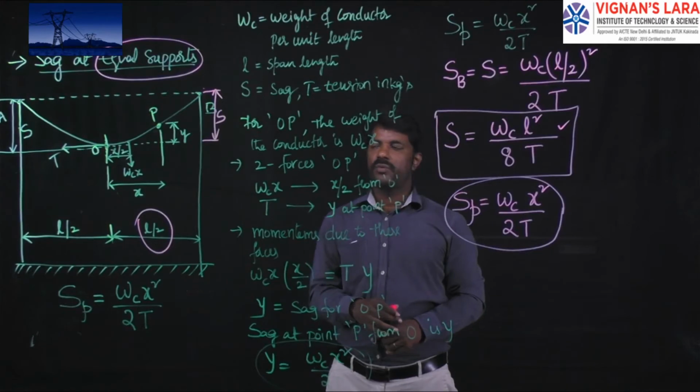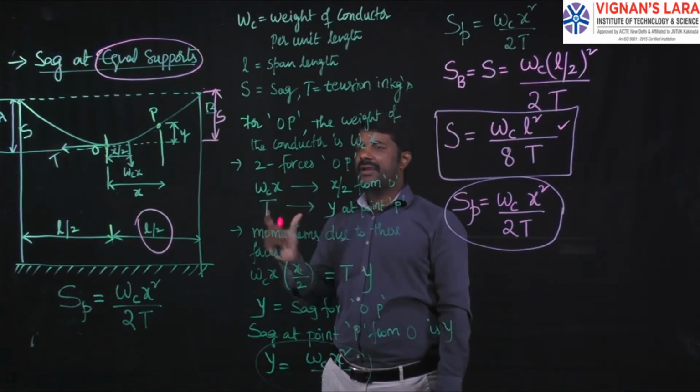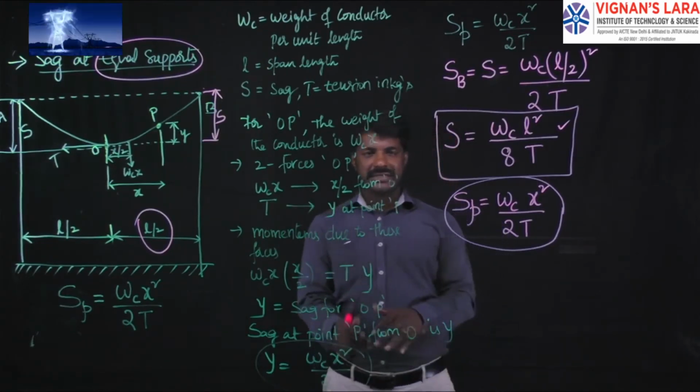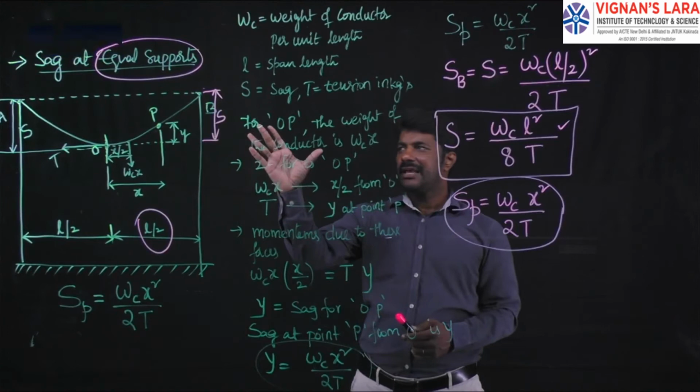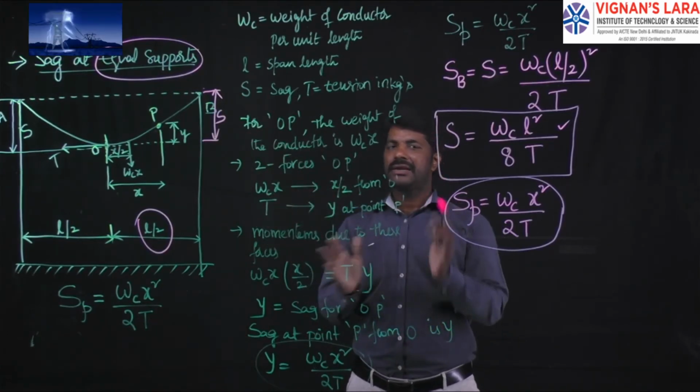So up to now we completed the portion of calculation of the sag whenever the supports are at equal heights. The next continuation will be the same sag calculations whenever the supports are at unequal heights.